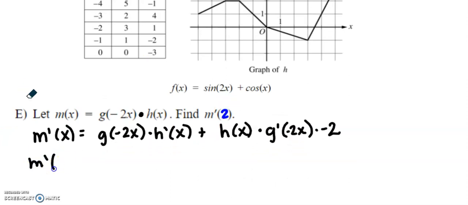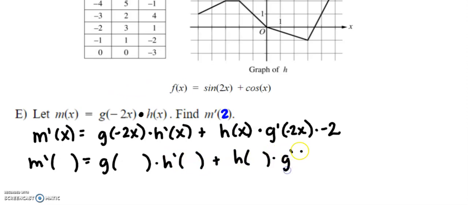So the next thing then is to go through and sub in 2 everywhere that we see an x. So I'm going to have m prime of 2, I'll come back to that in just a second, g of -2x, h prime of x, plus h of x times g prime of -2x times -2. And all of these are going to be 2's. So -2 times 2 is -4. H prime of 2, h of 2, g prime of -4, and then we still have this -2 over here.